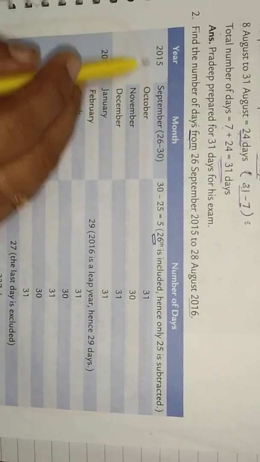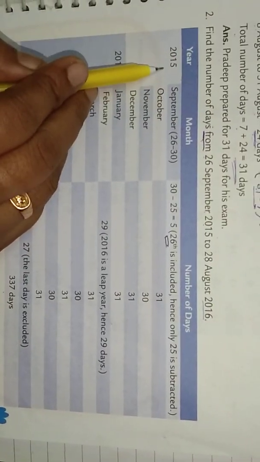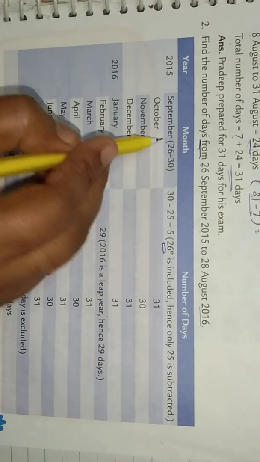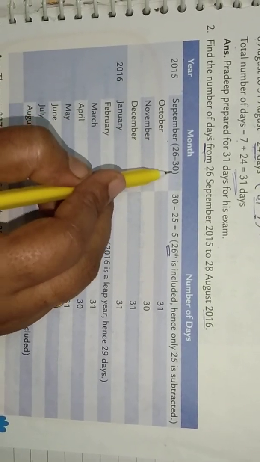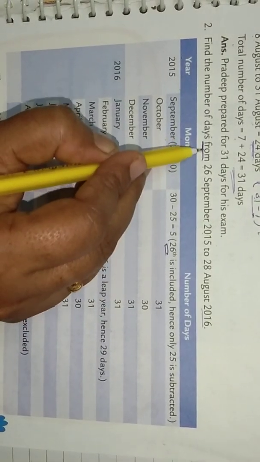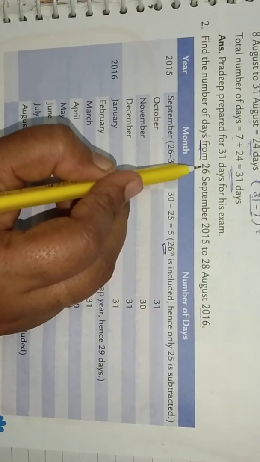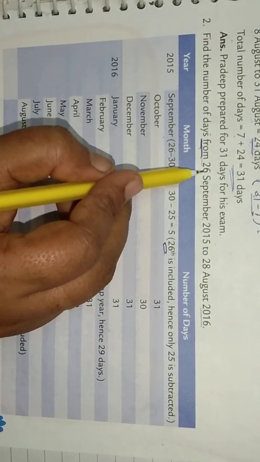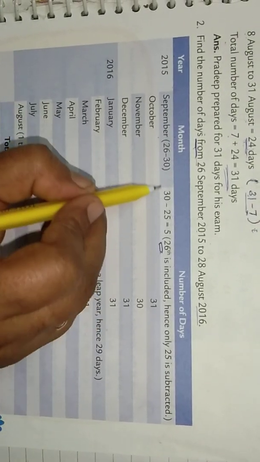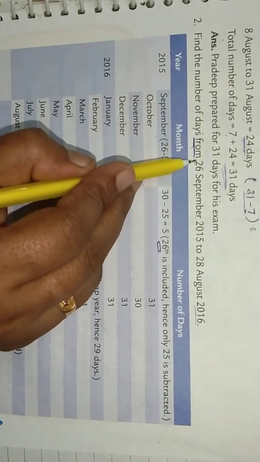First, in the year 2015, September 26 to 30. Here it is said from 26, so we will count 26 also.